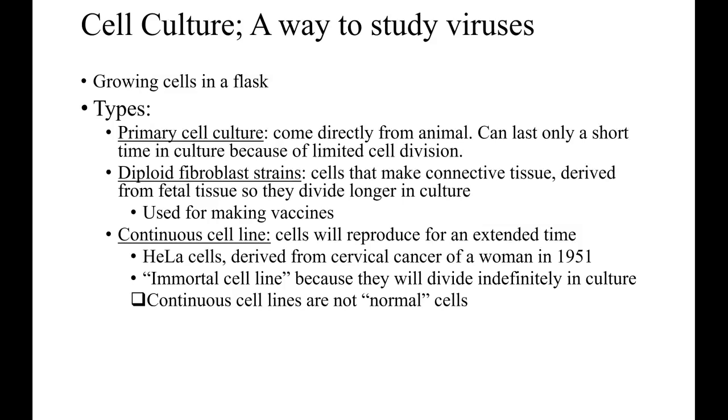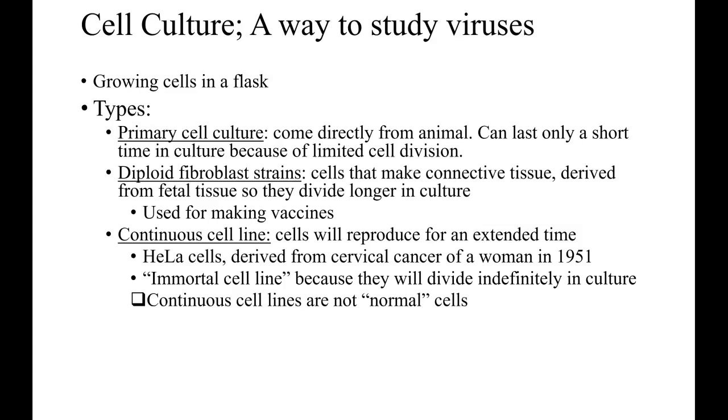There are some other types of cell cultures, but the most common type we see in lab are continuous cell lines. Continuous cell lines are cancer cells, and cancer cells are rogue cells. We'll talk about cancer at the end of this chapter. Cancer cells do not behave like other cells, and they are basically immortal.